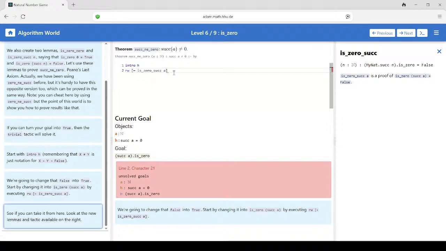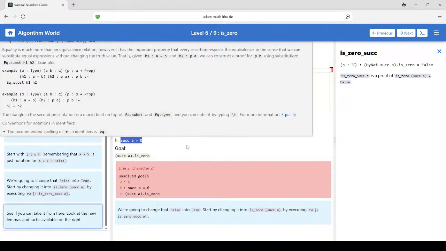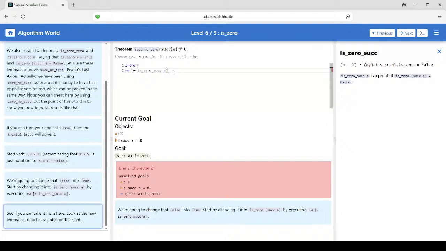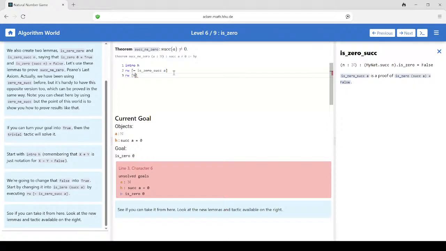So I can turn that false statement into the statement the successor of A is 0, which is impossible because 0 is never a successor. But we have the hypothesis that the successor of A equals 0. And now we have is 0, 0.